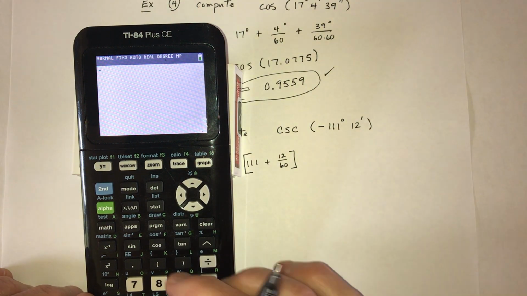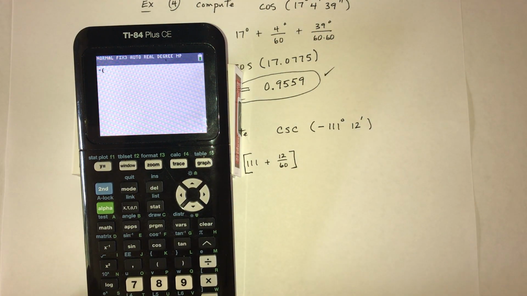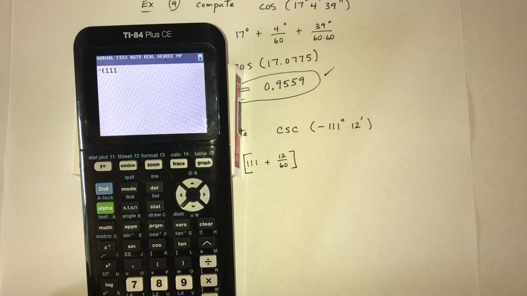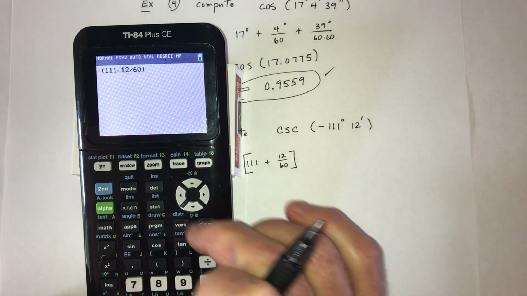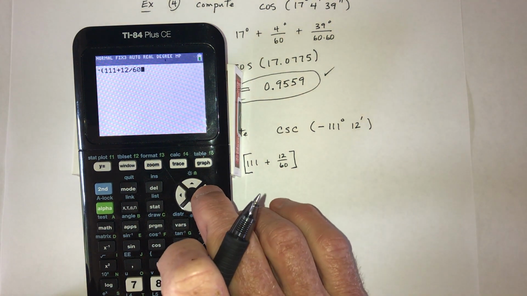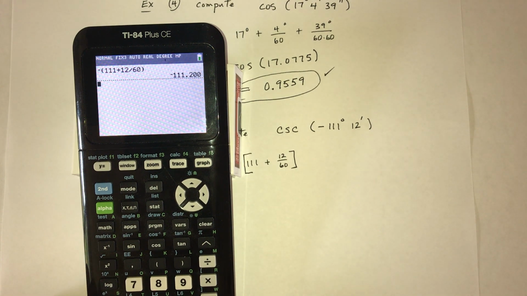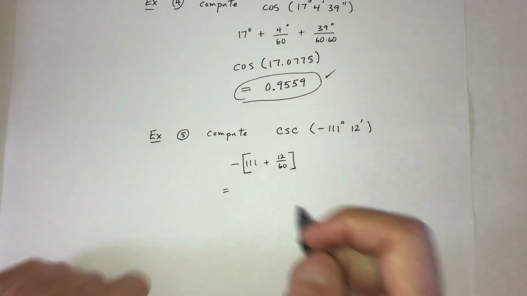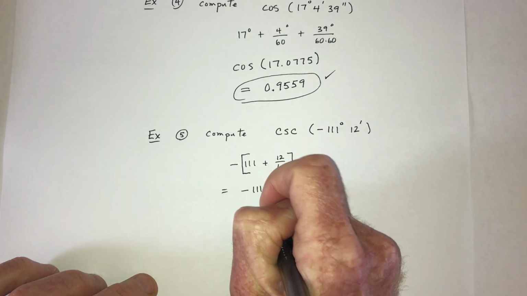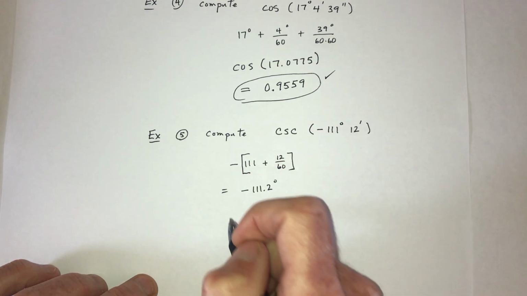So there's a negative that's factored out, and then it's 111 plus 12 divided by 60. I said plus. Thank you. So negative 111.2. Negative 111.2, that's in degrees.